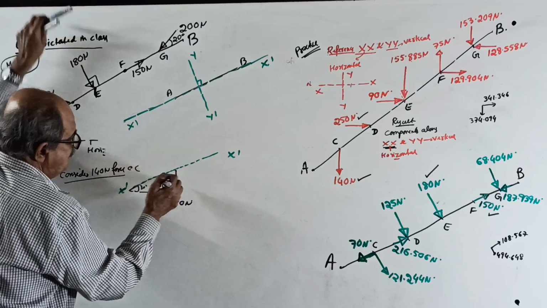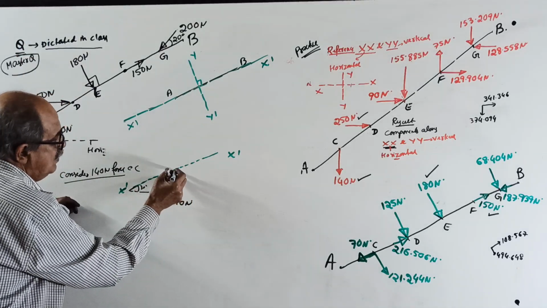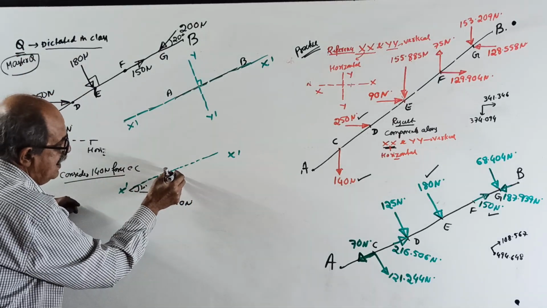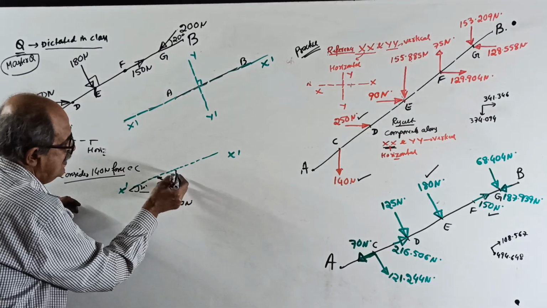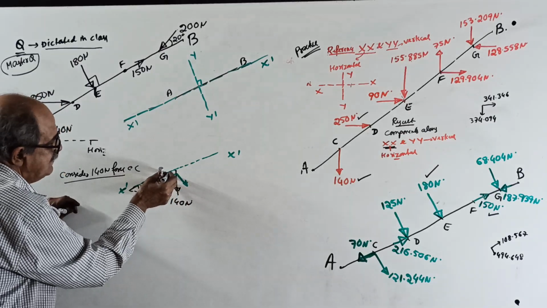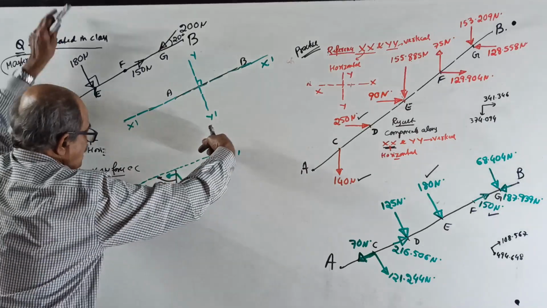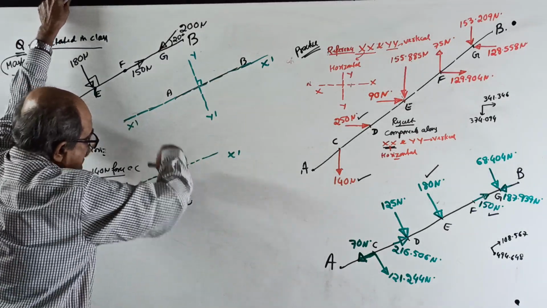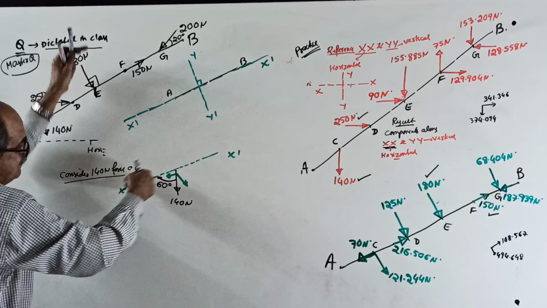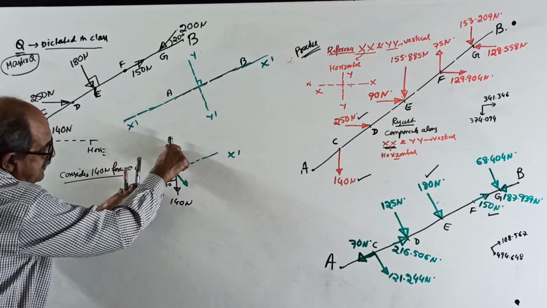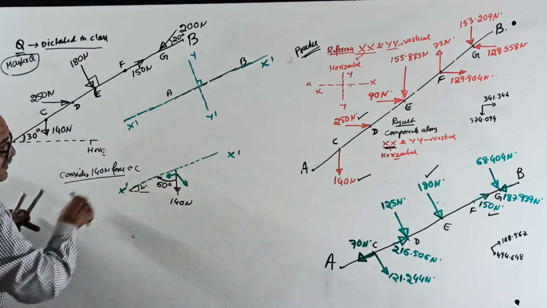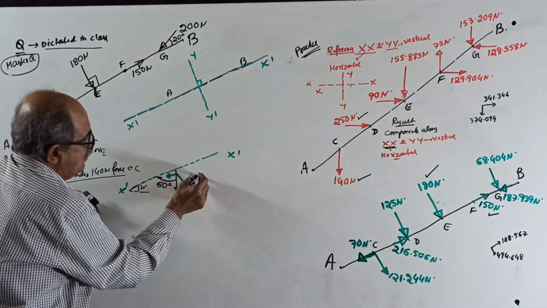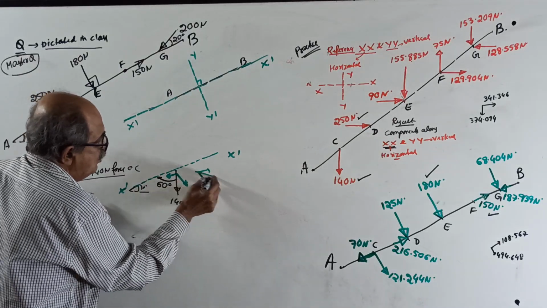If you resolve it, one component will be like this, the other like this. When you take a force here, one component goes like this, it can't be that way. By mistake, if you put it this way, the force will go that side.